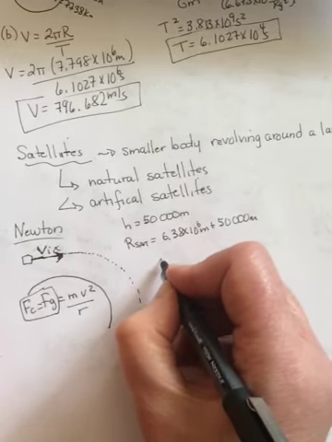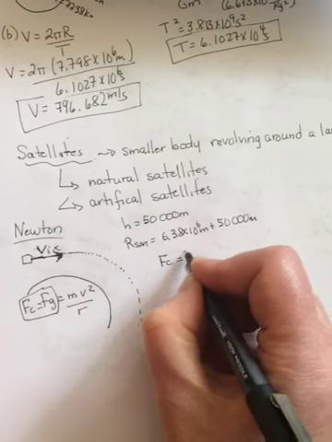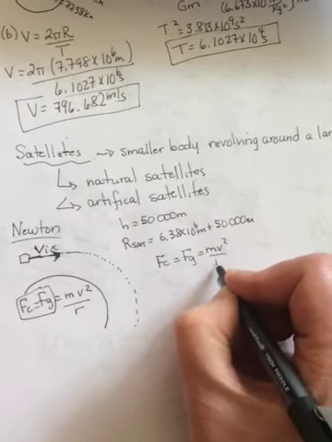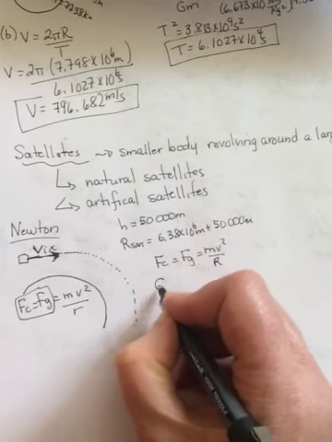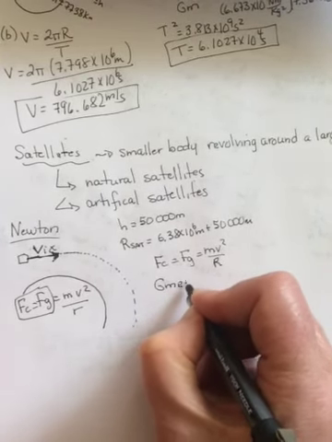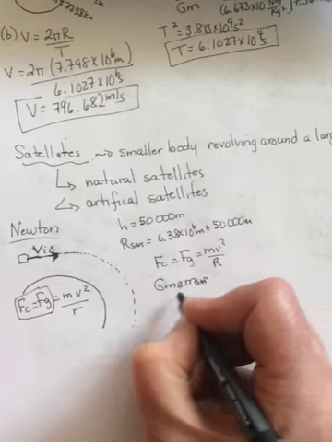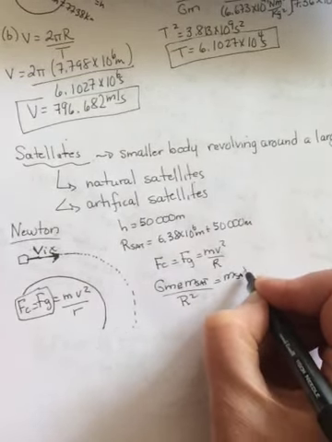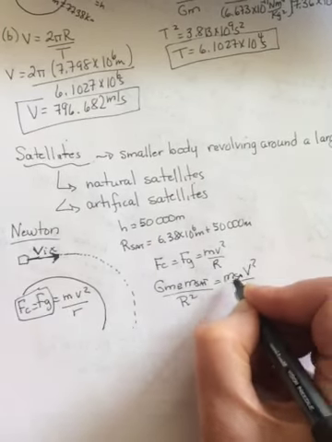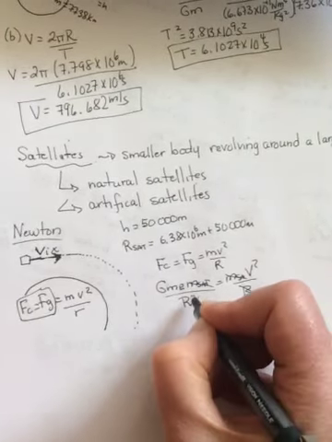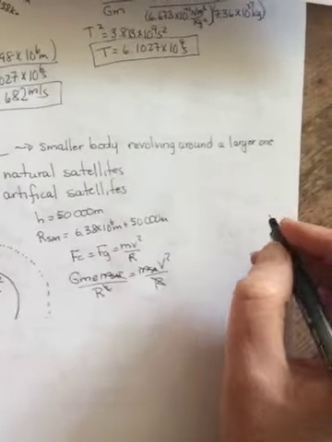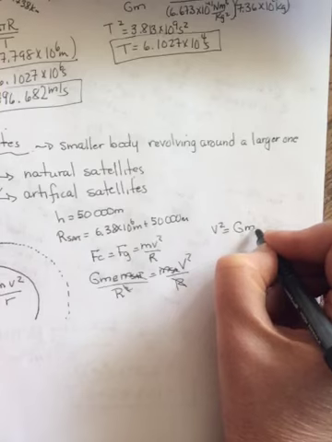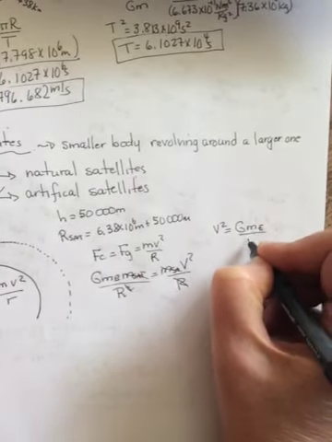So if we know that FC equals FG, then mv squared over r equals G m of the Earth, m of the satellite over r squared, equal to m of the satellite v squared over r. So our mass of the satellite cancels. When r cancels, we get back our v squared equation that we had derived the other day. So G mass of the Earth over r.